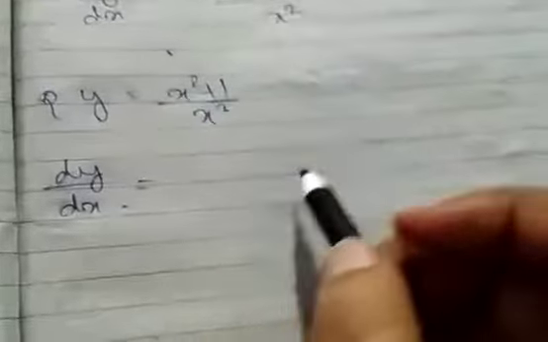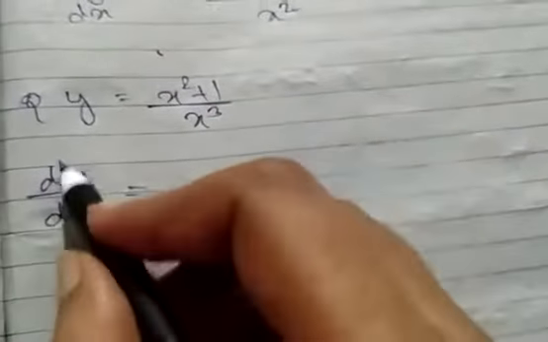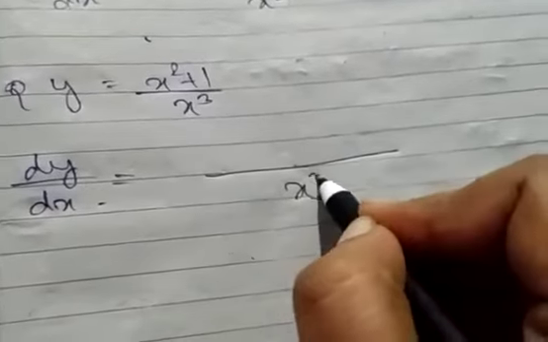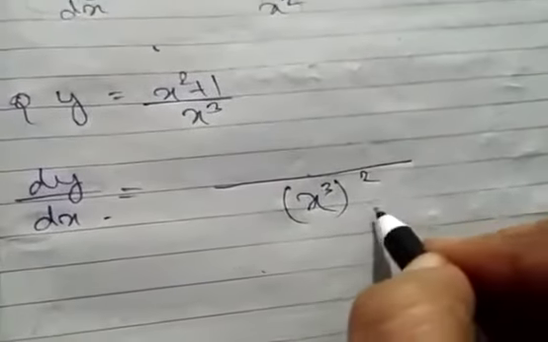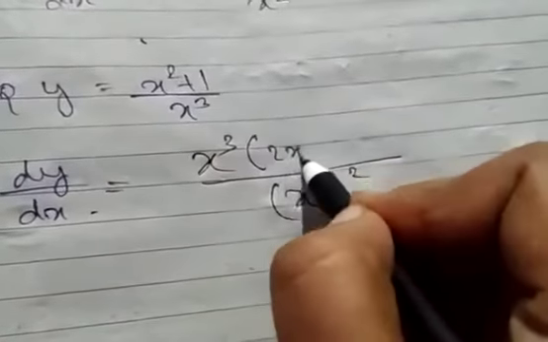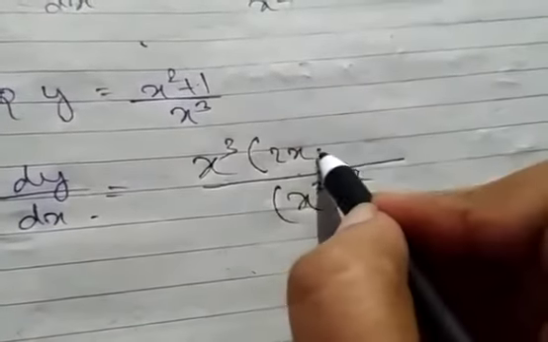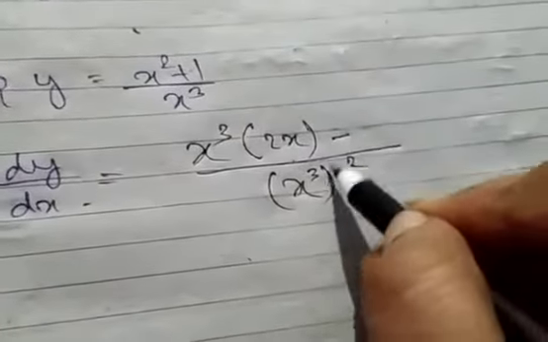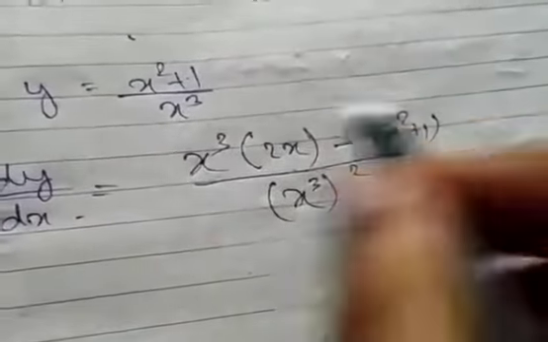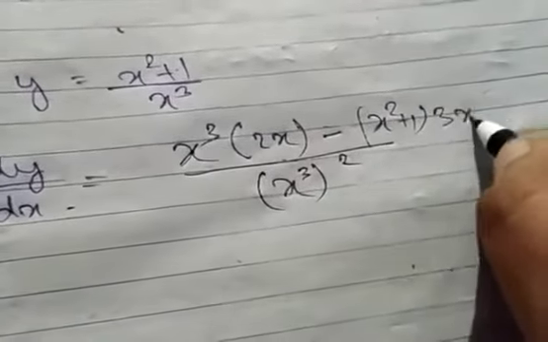Suppose this is the function I want to differentiate. So dy upon dx will be: first thing, we'll keep this as it is, square it. Then keep this as it is, differentiate this, so 2x, and differentiation of 1 is 0, minus, what we will do: keep this x square plus 1 as it is, differentiate x cube, that is 3x square.